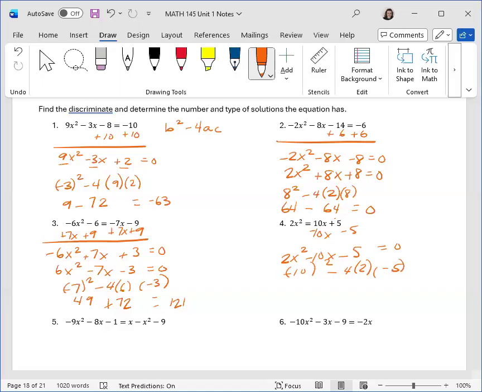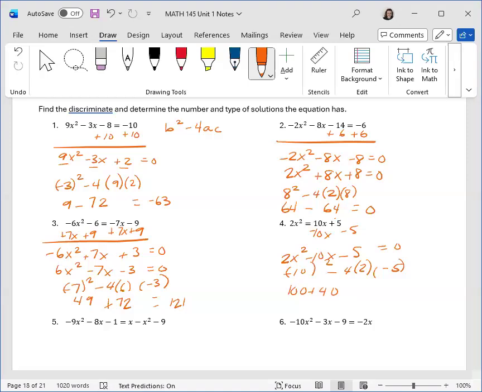All right, negative 10 squared is 100. Four times 2 is 8. 8 times 5 is 40. A negative times a negative is going to give me a positive there.